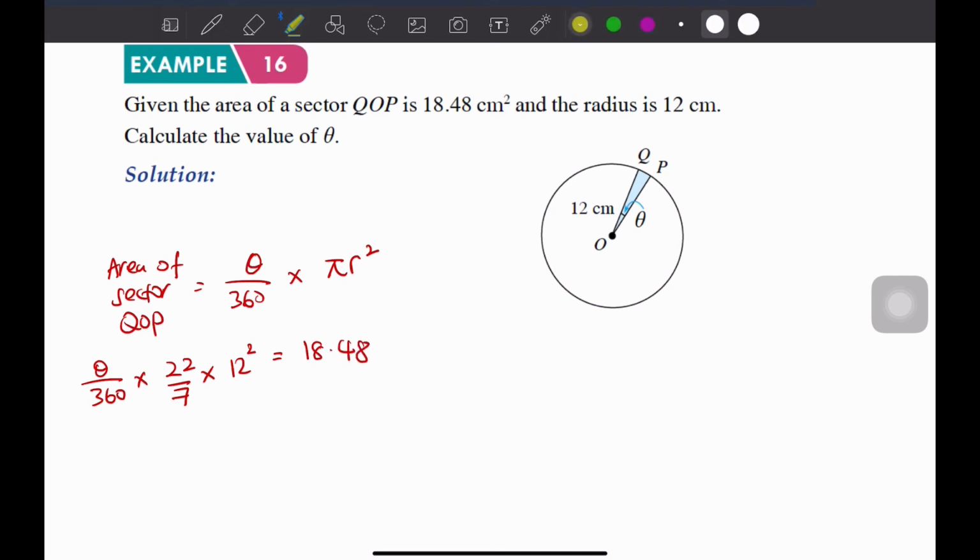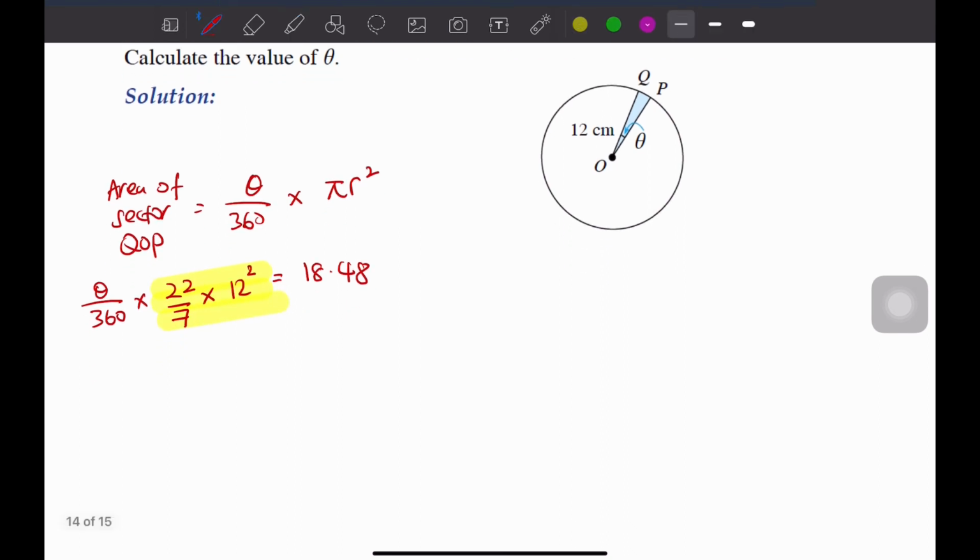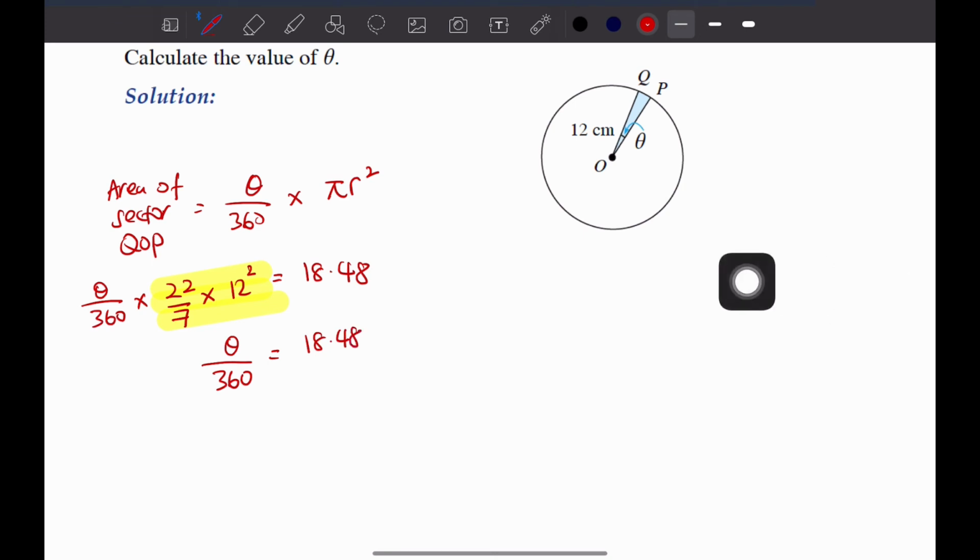So first let's solve this part: 22 over 7 times 12 square. Then theta over 360 equals 18.48 divided by this part, because when you move it to the other side it becomes divide.